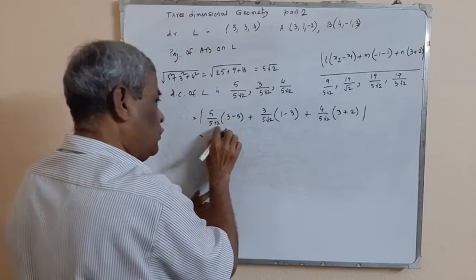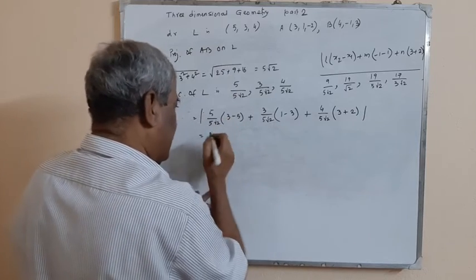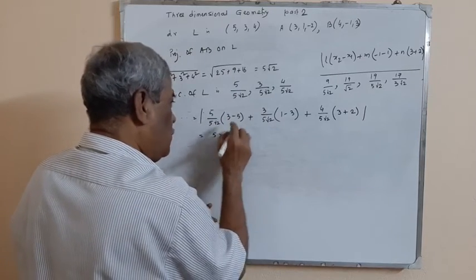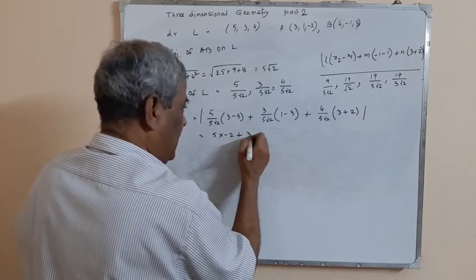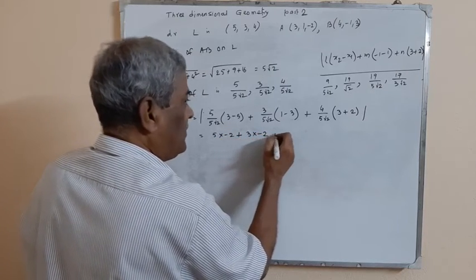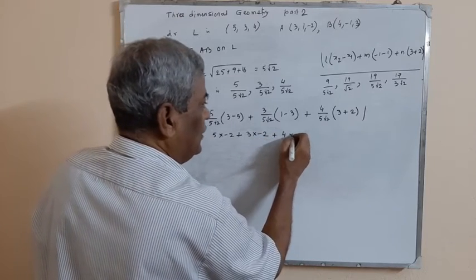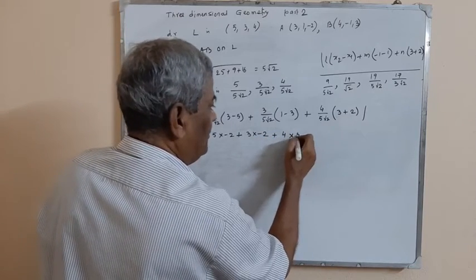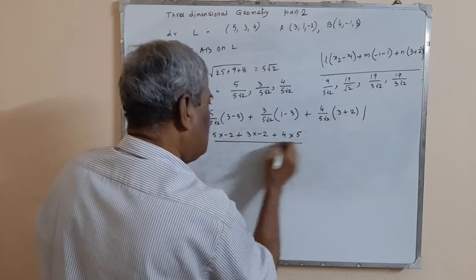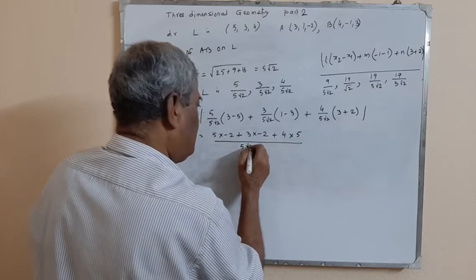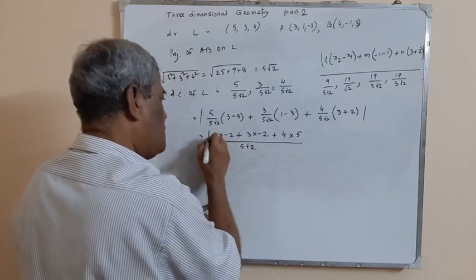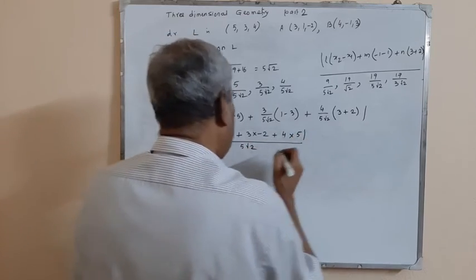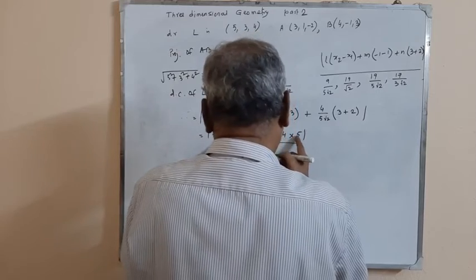I mean 5 root 2 is common in the denominator, so 5 into minus 2 plus 3 into minus 2 plus 4 into 5, divided by 5 root 2, its mod, it is 20.